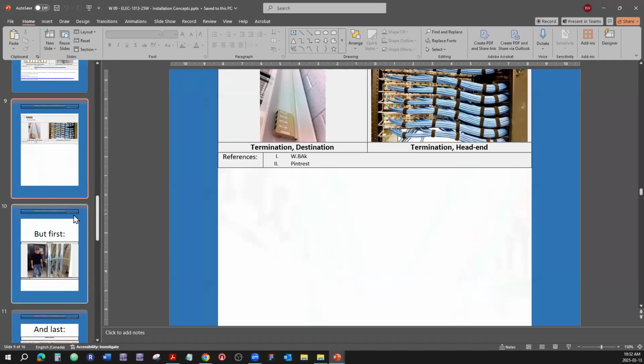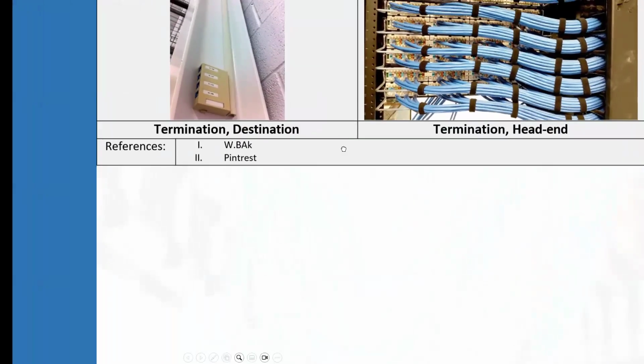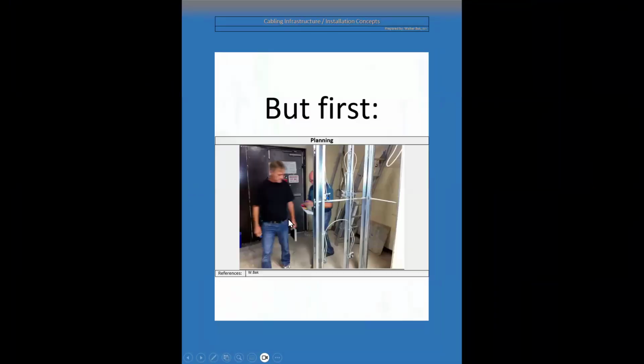I apologize. What's going on here? Technology. That's what's going on. So we were talking about the rough-in and the destination prep. Two important stages when it comes to cabling installations.